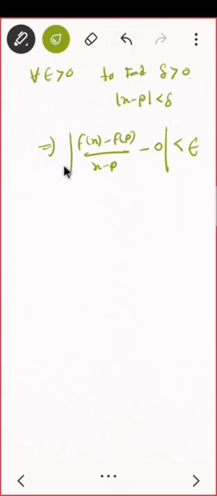So what you have to find, ये दिया है mod of x minus p is less than delta. What you have to consider this part, you have to prove this is less than epsilon. So consider mod of f of x minus f of p upon x minus p. Just 1 second.